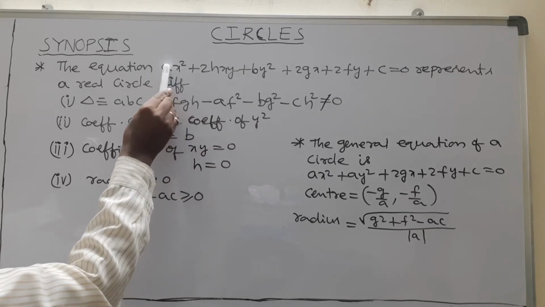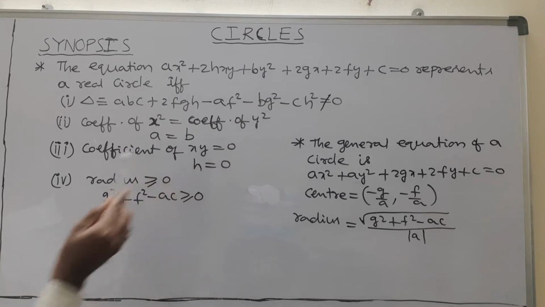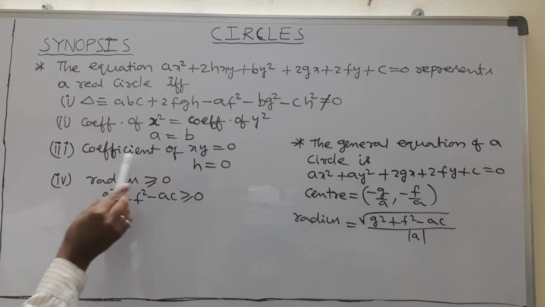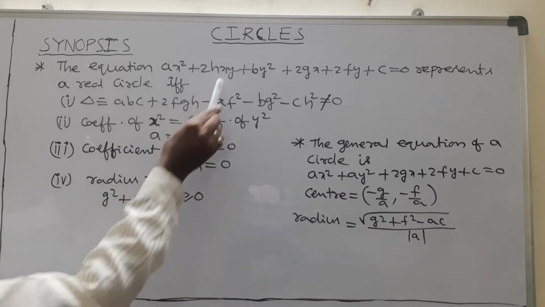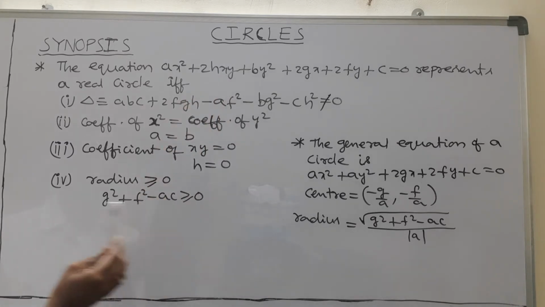Here the coefficient of x square is a and the coefficient of y square is b, so a equals b. Next condition, the coefficient of xy equals 0. The coefficient of xy is 2h, so 2h equals 0, then h equals 0.